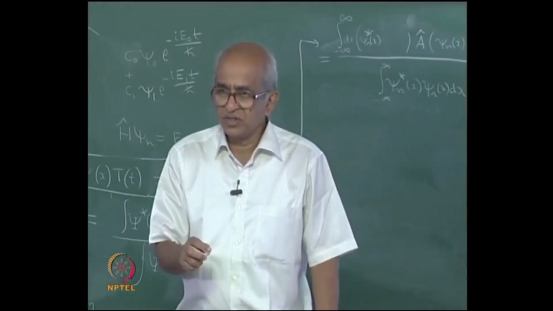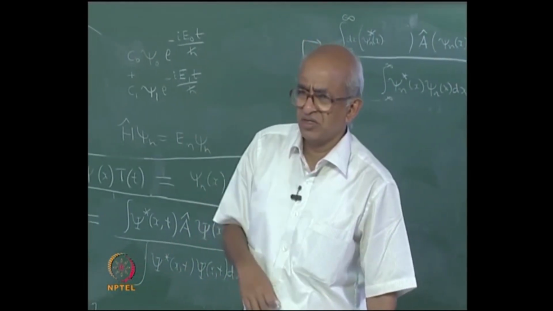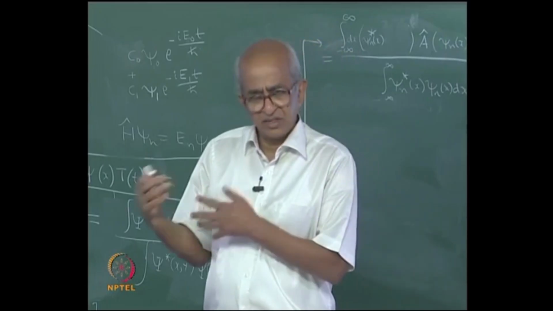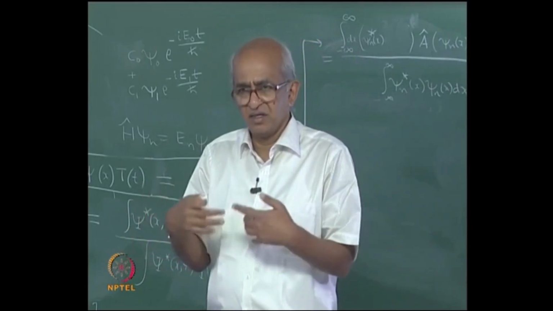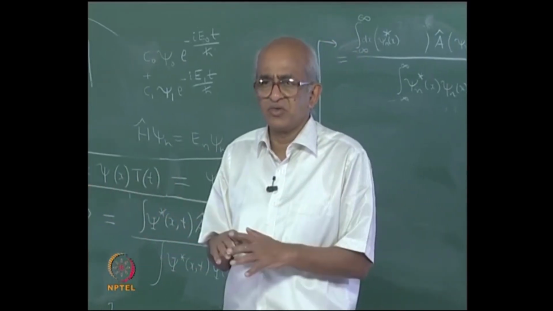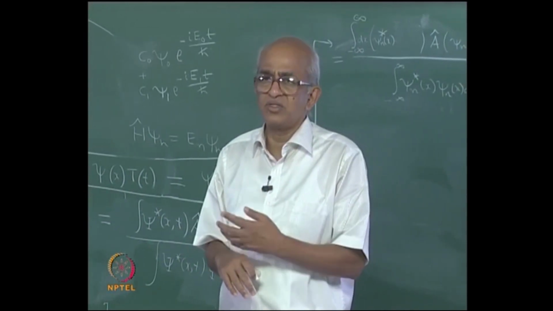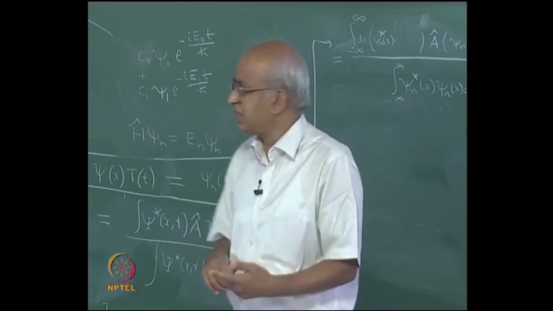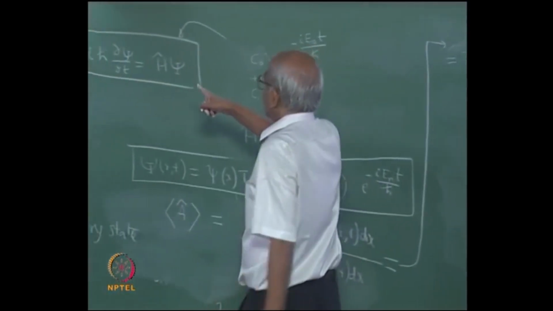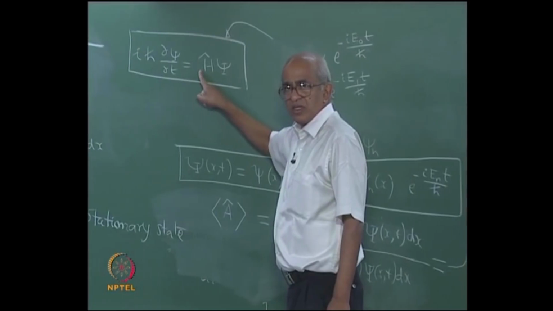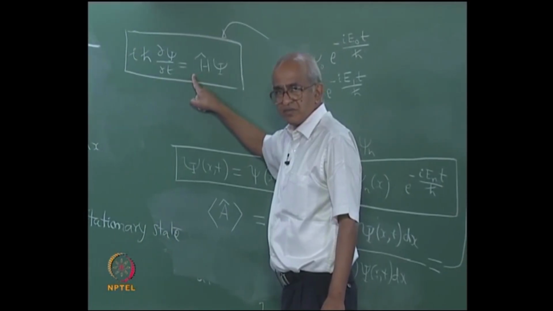You take the first solution, multiply it by any constant you like, take the second solution, multiply it by some other constant, and add the two together. It is very easy to prove that this also satisfies the original time dependent Schrodinger equation, right?